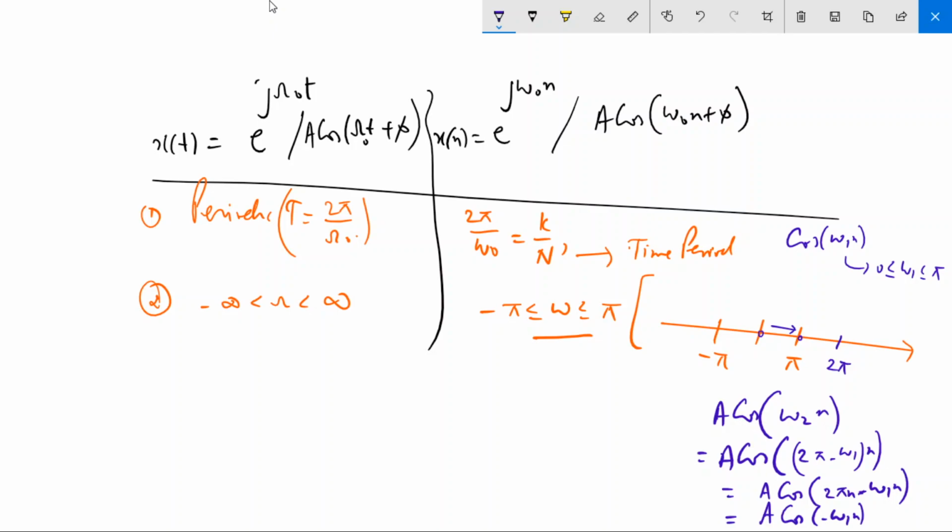Okay, otherwise see for the cosine function, suppose I take pi by 2, cos of pi by 2 and cos of 3 pi by 2, they are the same, although the frequency difference between them is not 2 pi. Okay, but if you see 3 pi by 2, this is nothing but 2 pi minus pi by 2.